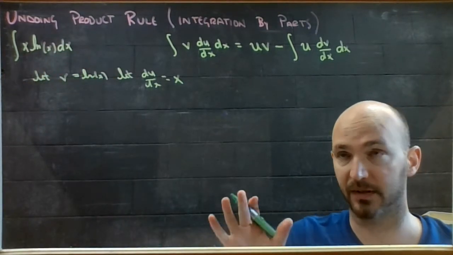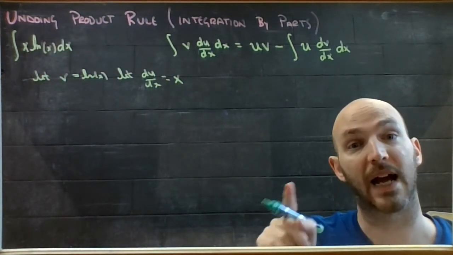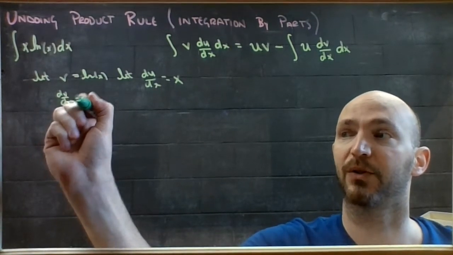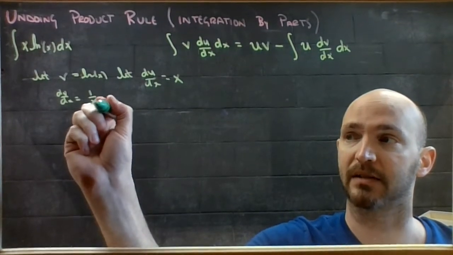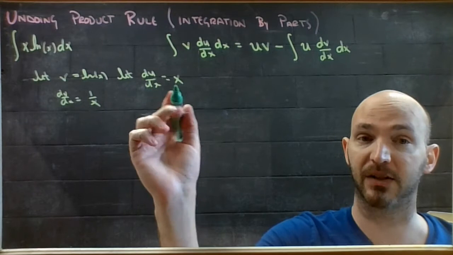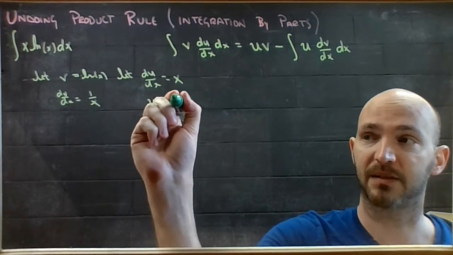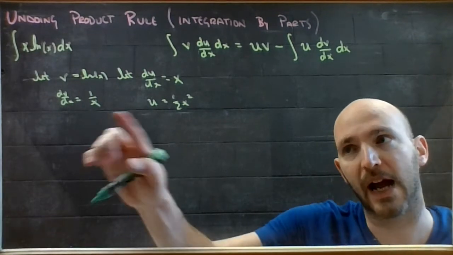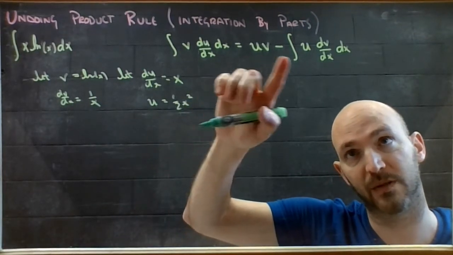So I haven't changed my setup. But what I have accomplished is that dv dx, I know the derivative of ln, that's 1 over x. And if I ask myself what function gives me x as my derivative, well, that has to be 1/2 of x squared. So I have the pieces I need in order to plug this stuff in.